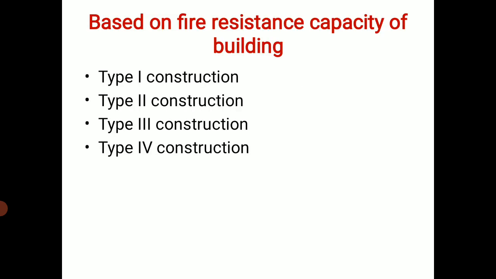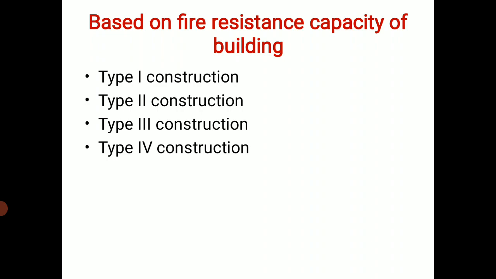Then based on the fire resistance capacity of the building, buildings have been classified into type 1, type 2, type 3, and type 4 construction. Type 1 construction is one in which all the structural components of the building are made of incombustible material, and the fire resistance capacity is 4 hours. And type 2 construction means all the structural elements are made of incombustible material, and the fire resistance capacity is 3 hours.